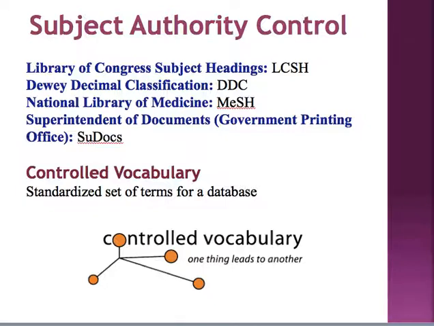And then last, all of these classification schemes are what's called control vocabulary, and as I said, it's how libraries organize their materials. Not only are these systems of controls, but databases have control vocabularies, and understanding this is part of how you can do your searching when you're in a database.